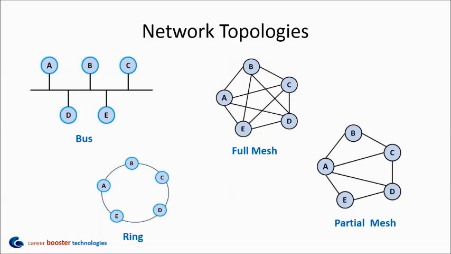The second one we are seeing is a ring topology. Here the idea is to keep it simple but yet connect everyone to everyone. For example, A is connected to B, A is connected to E, A is connected to C via B, A is connected to D via B and C or E and D. So everyone is connected, but they don't have a direct connection with everyone. They do have a connection with a couple of neighbors, but not everyone.